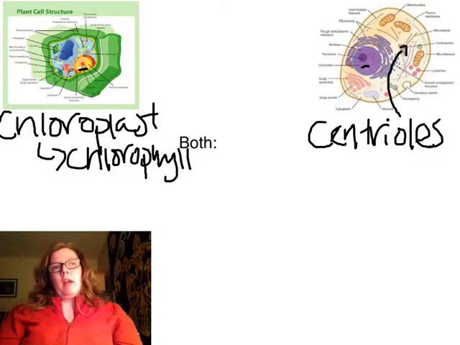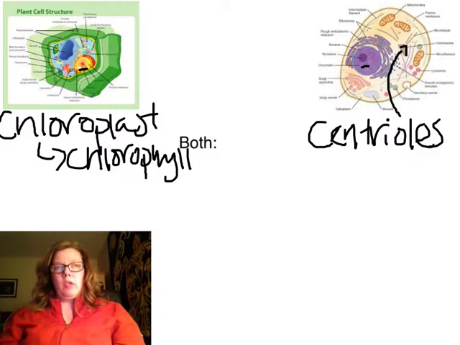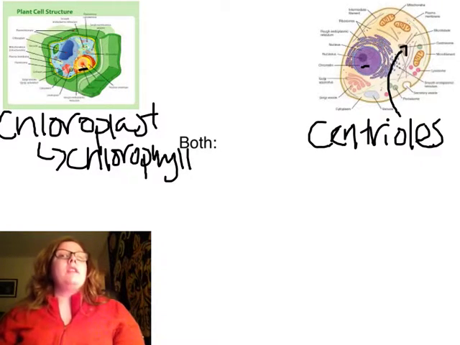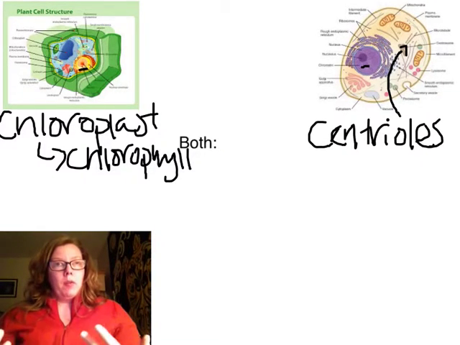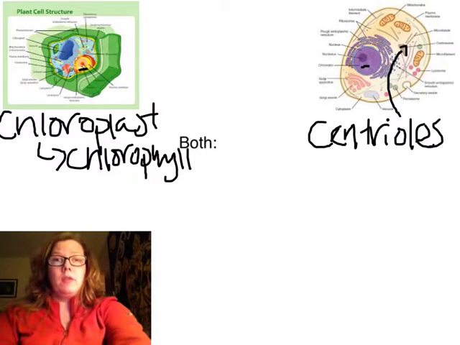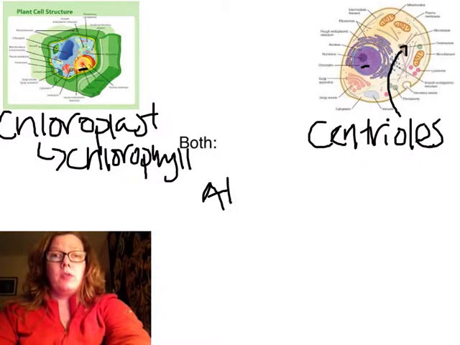If you remember from biology, mitosis is the process by which eukaryotic cells will divide. Centrioles help pull apart chromosomes during mitosis, and they work with the spindle fibers in animal cells. Plant cells don't have centrioles, they're just going to have the spindle fibers that are pulling apart the chromosomes. Both are going to have all the other organelles.